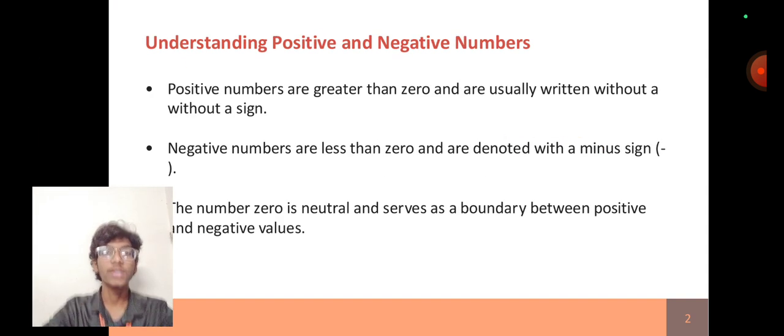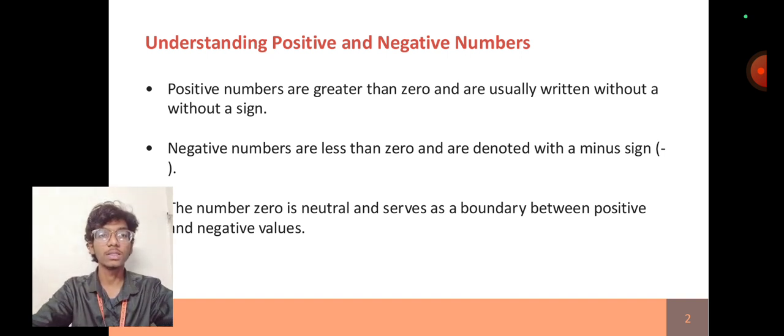Understanding positive and negative numbers is also a part of maths. Positive numbers are greater than 0 and are usually written without a sign, or with a plus sign. Negative numbers are less than 0 and are denoted with a minus sign.